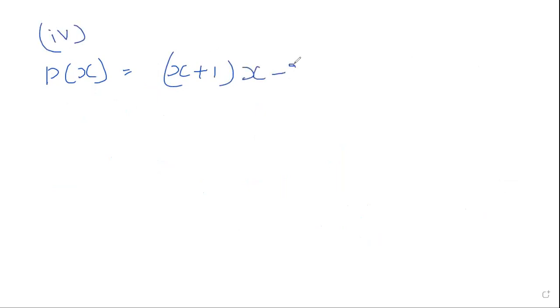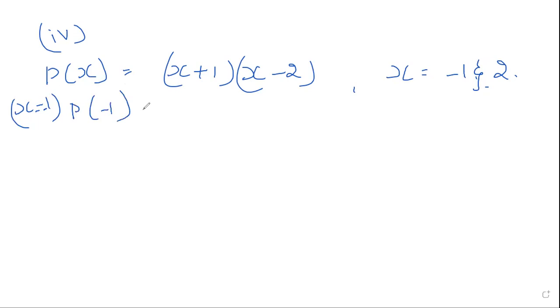Next one. P of x is equal to x plus 1, that is the fourth one, into x minus 2, where x is equal to minus 1 and 2. Okay. Let us substitute minus 1. P of minus 1 is equal to minus 1 plus 1, write minus 1 in place of x, children, into minus 1 minus 2.